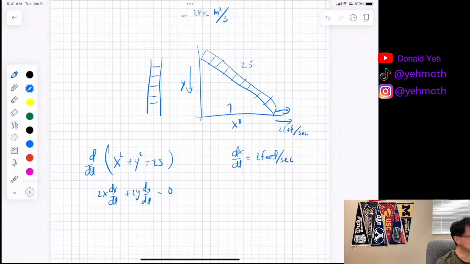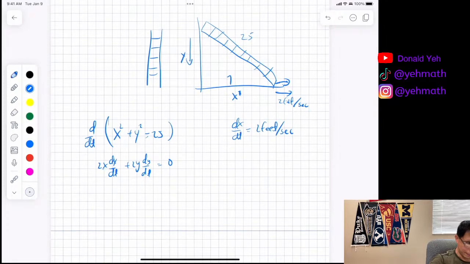You guys remember this? It's starting to come back. 2x, so this one is going to be 7. dx/dt is going to be 2, plus 2y dy/dt. Do I have a y here? Well, you can do 24. You can find out this is a Pythagorean triplet.